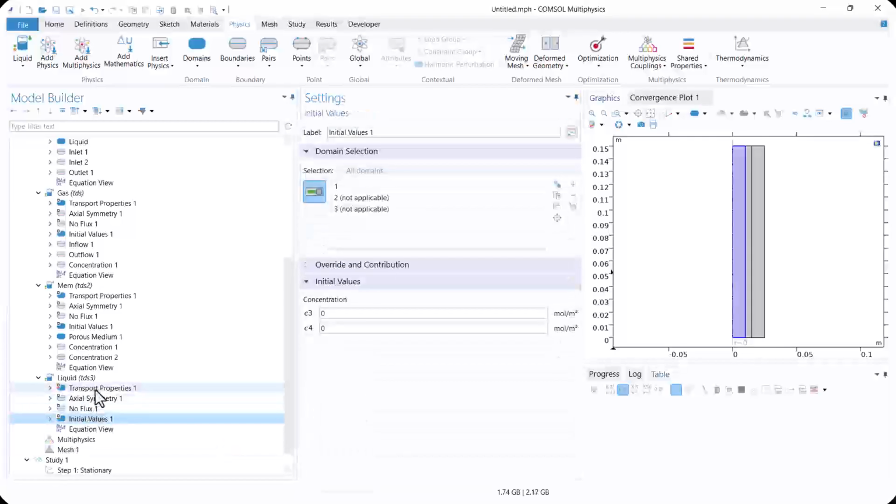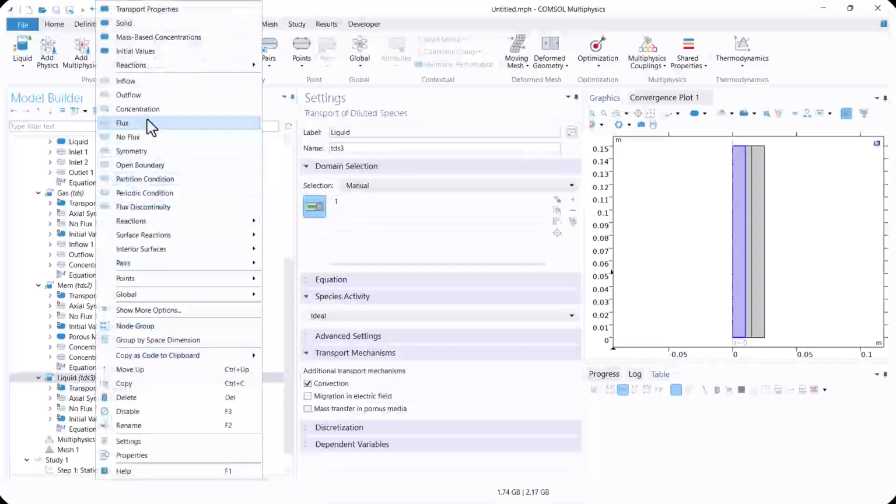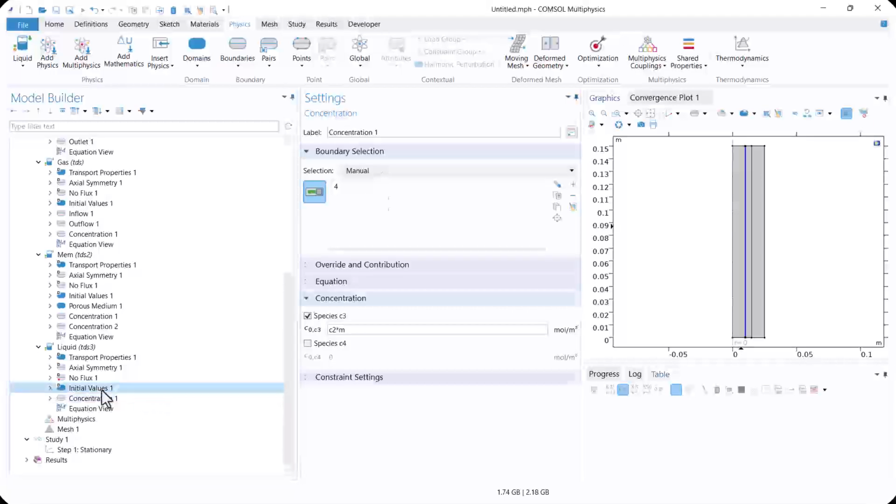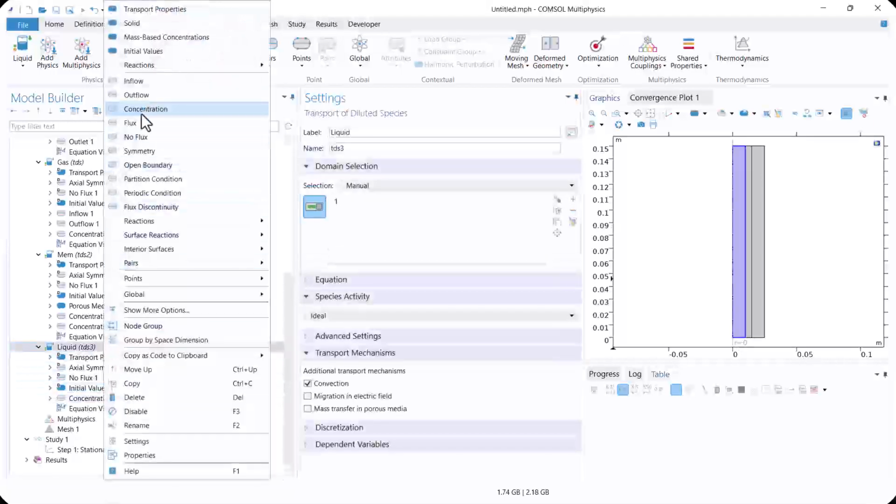Now we need to define the concentration. Here we have a concentration for C3, and its value is C2 divided by M. C2 is the gas component concentration in the membrane, which means the equilibrium value. Now we need to define the inflow.